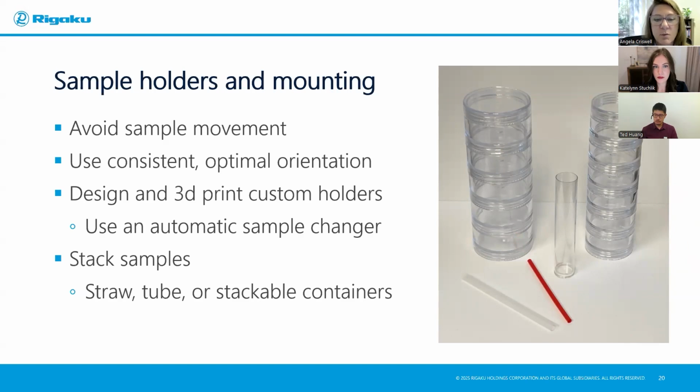Essentially what you're doing is creating your own sample changer by taking advantage of the Z-axis translation within your instrument, and all of them have that capability. The height at which you can move will be determined by the specific instrument that you're using.